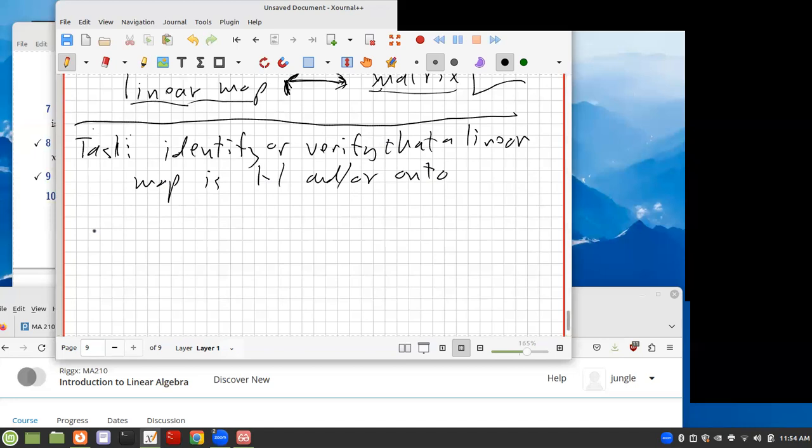So let's do, say, one-to-one. Well, let's look at our map before. We had the map F that took (x, y, z) and it went to (x + y, y + z). And we can ask, well, is this map one-to-one?